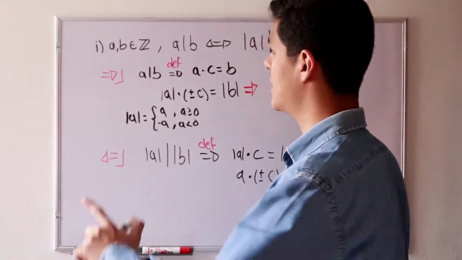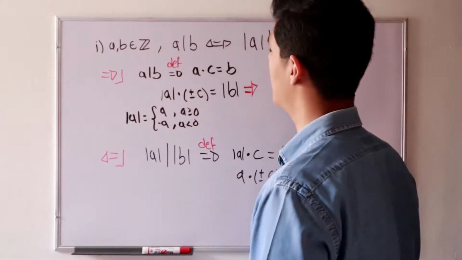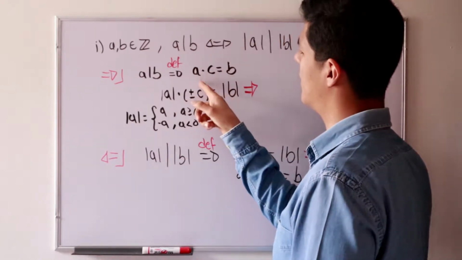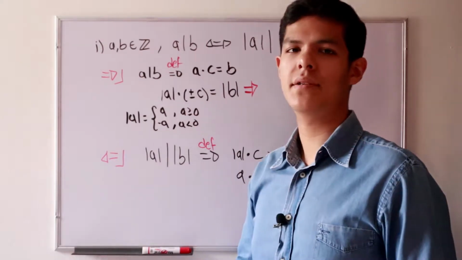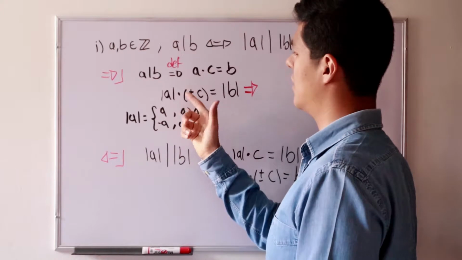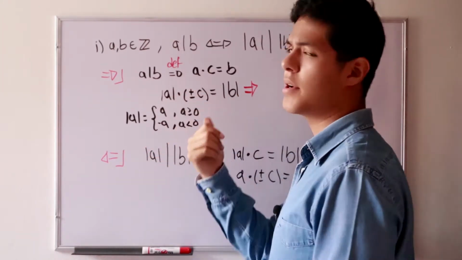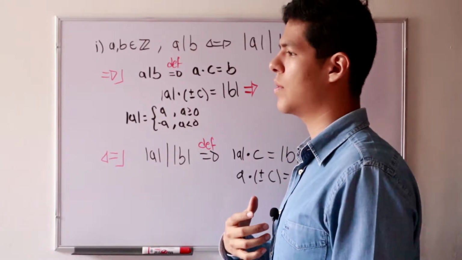The first one says that if A divides B, then from the definition of divisibility, we have A times C equals B. But it's only a matter of arranging the signs, depending on which number is negative or positive.